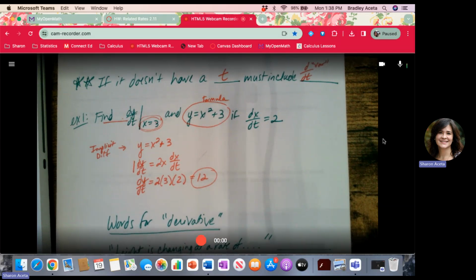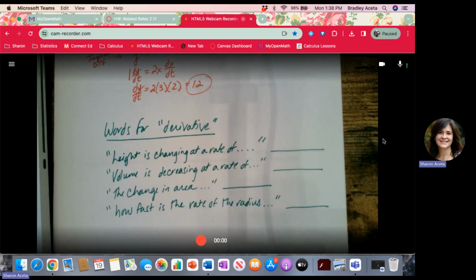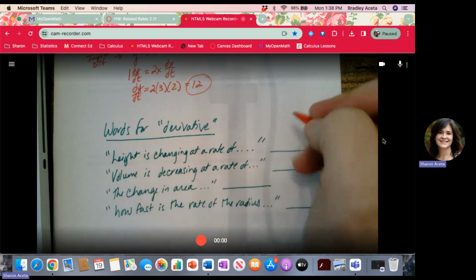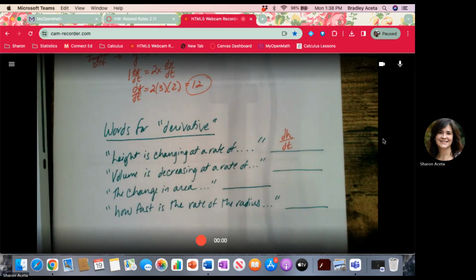Now, before we get into the word problems, I just want to talk to you about some clue words for derivative. So, for example, height is changing at a rate of. That phrase, changing at a rate of. If we're referring to height, that would be dH/dt.